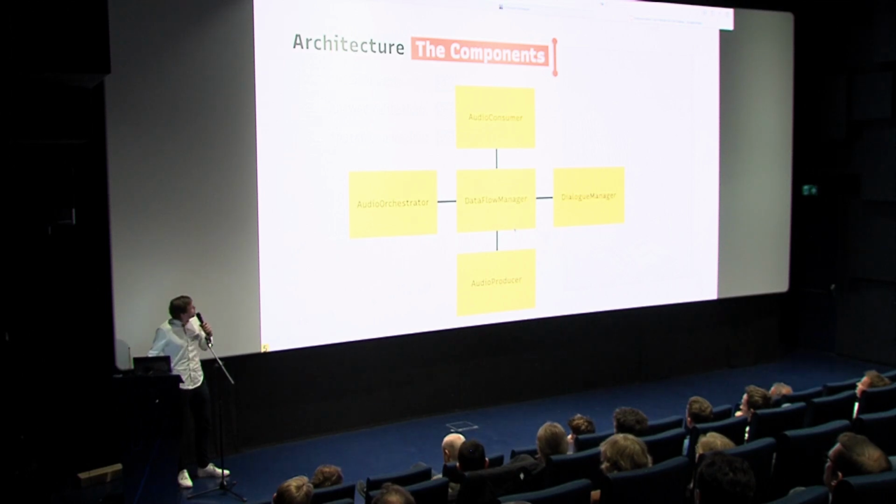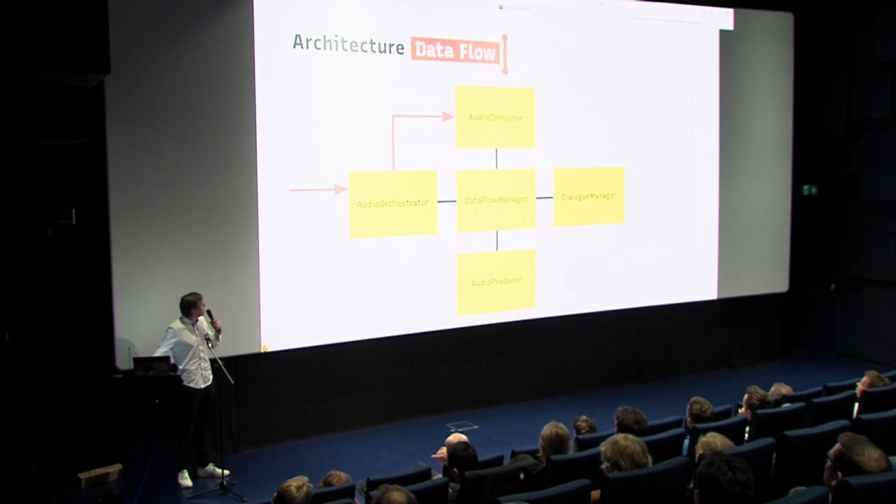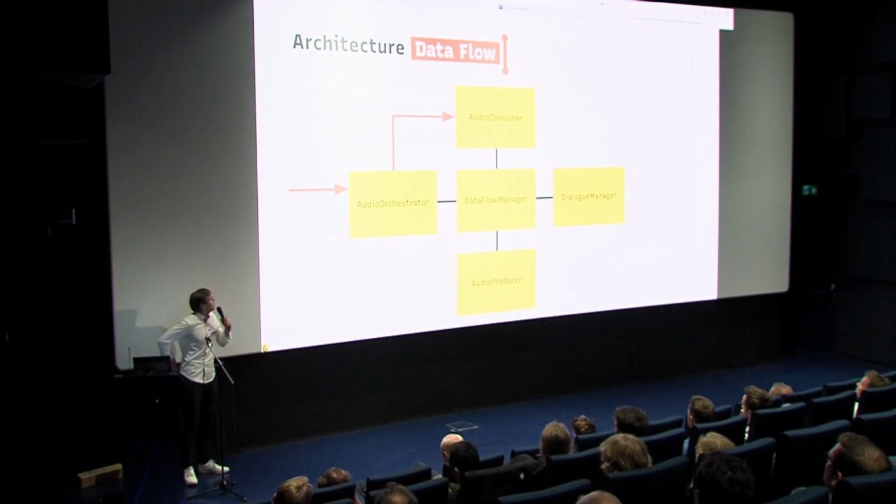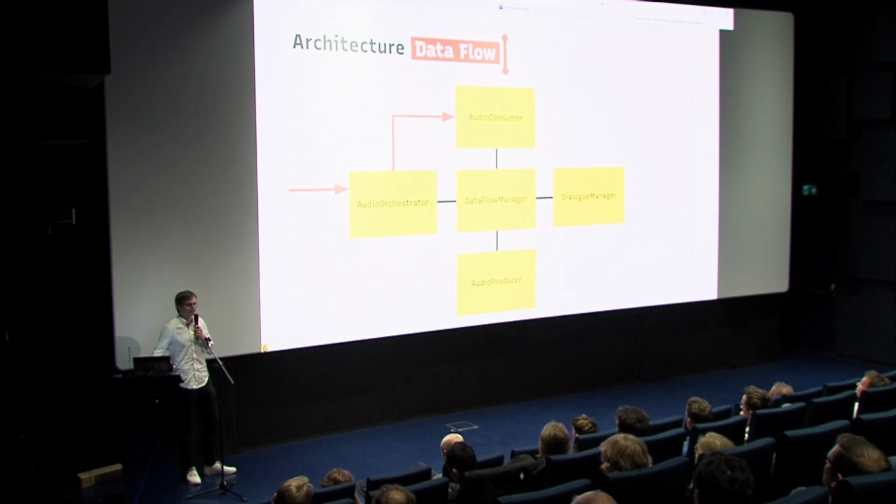I'll take you really quickly through the path that a piece of speech takes through the system. A user speaks. This gets passed to our transcription service, which then notifies our main point of contact that there is text available.